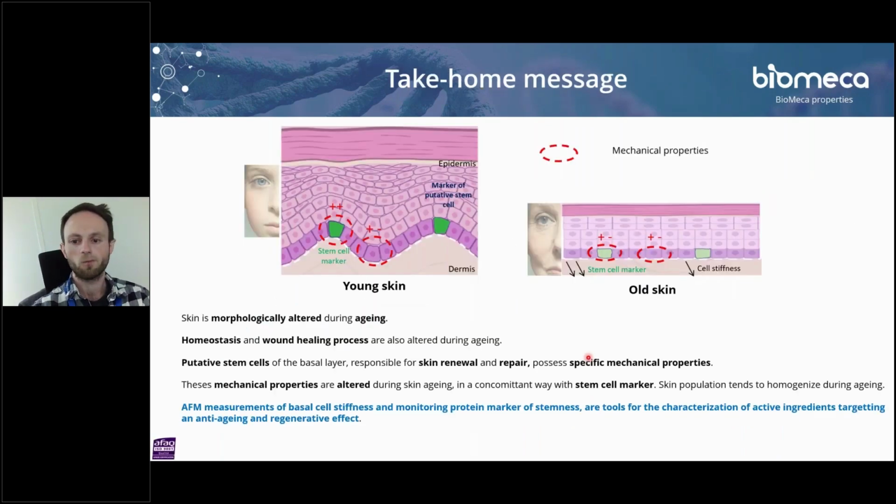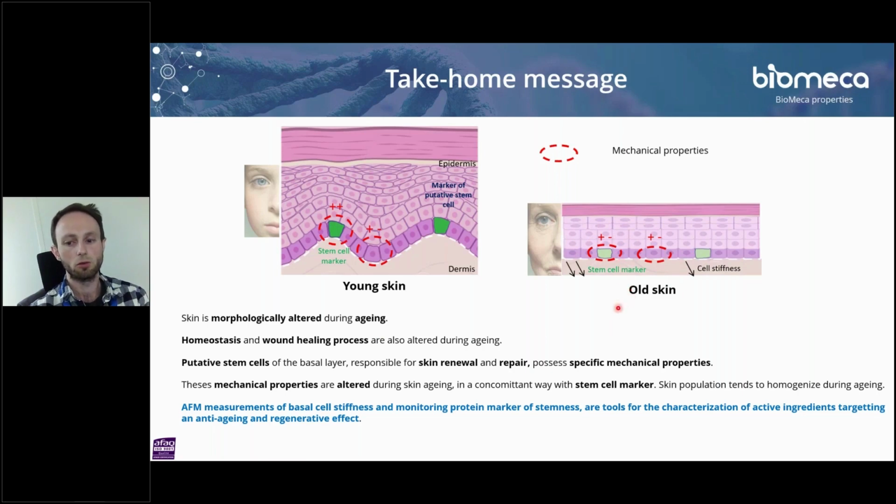To conclude, we have seen that skin is morphologically altered during aging. This affects both the homeostasis and the wound healing process of the skin, as stem cells are involved in these two processes. We have identified that putative stem cells located on dermal papillae possess specific mechanical properties, and during aging, we have a decrease in the expression of putative stem cell markers and in their mechanical properties.